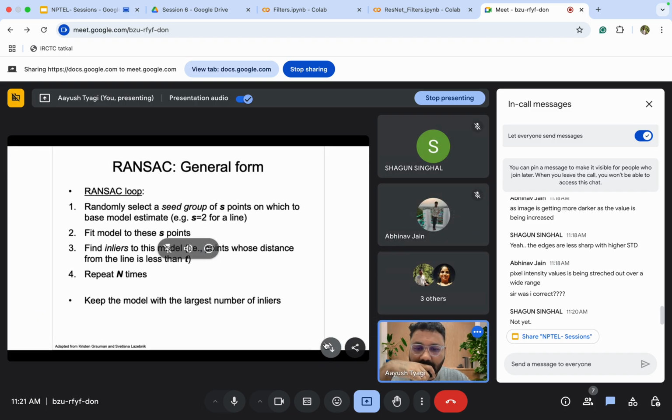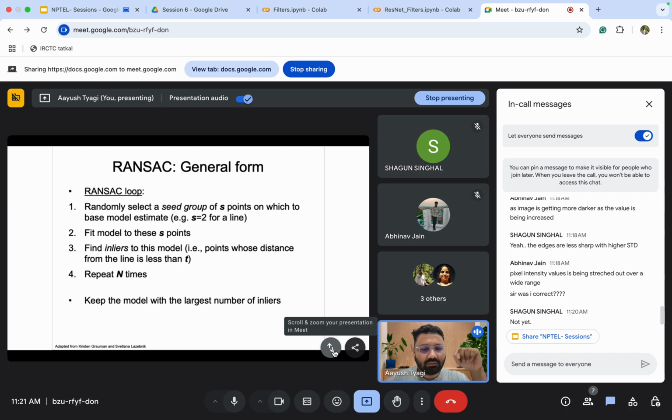What happens in RANSAC is, suppose you have a set of points, and you want to fit a line to those points. It's a fitting problem, but you do it iteratively, as a sampling problem.